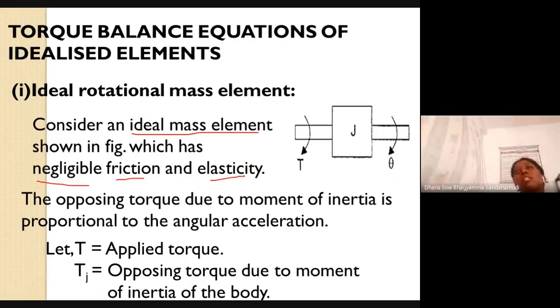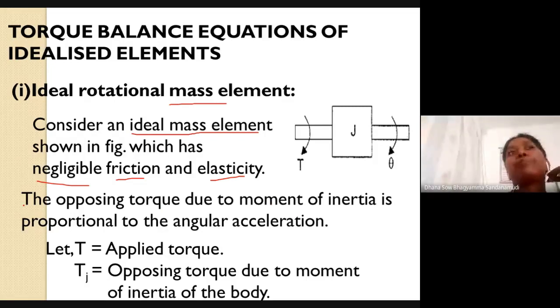A rotational mechanical system can be represented by three elements: the moment of inertia of mass, torsional friction, and torsional elasticity, you can say. Among these three elements, we are considering the ideal rotational mass element. Therefore this rotating element has negligible friction and negligible elasticity.